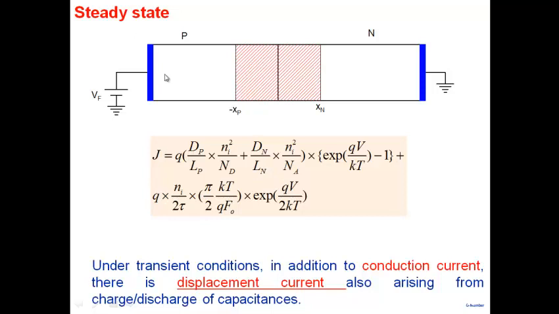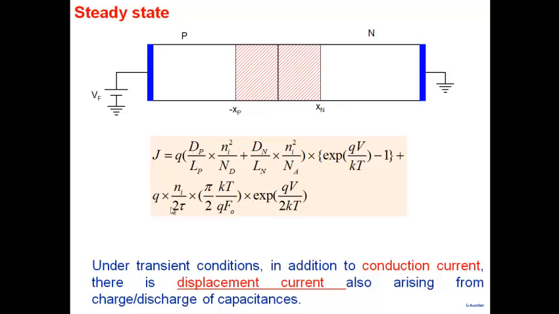Now, if I make the voltage, let's say, time varying, then in addition to conduction current, with which we are all familiar, there would be a displacement current. Displacement current, we know, comes about because of charge and discharge of capacitances which are there. So in addition to conduction current, we would get a displacement current.